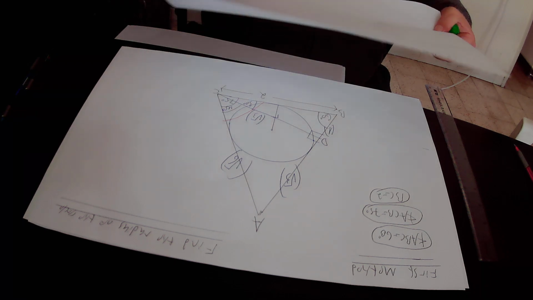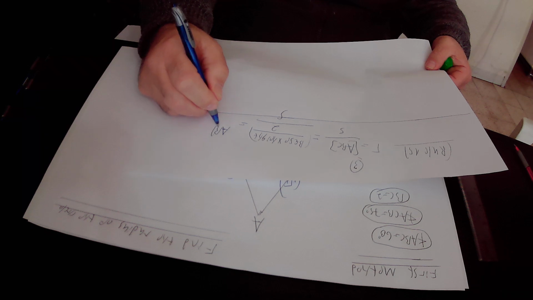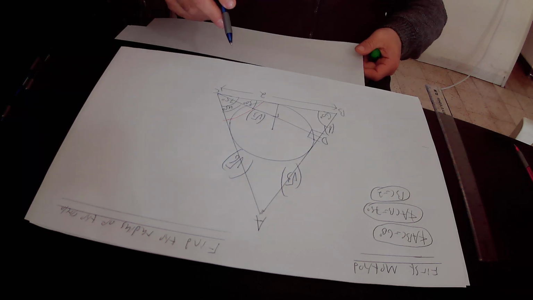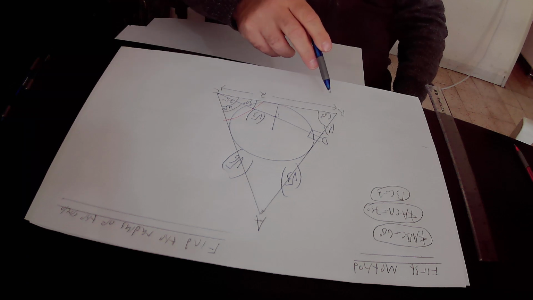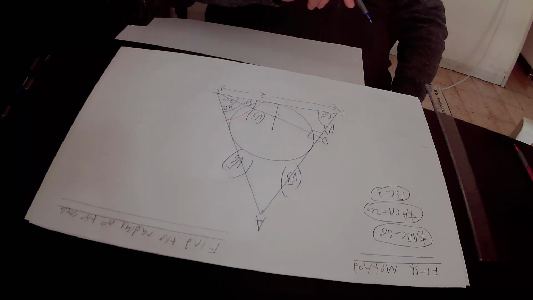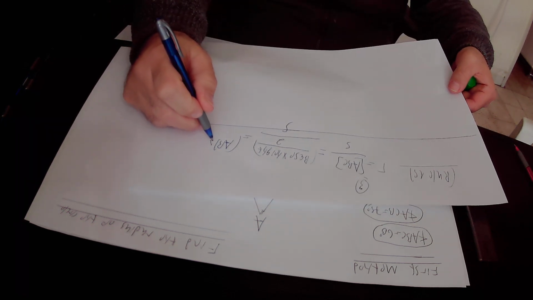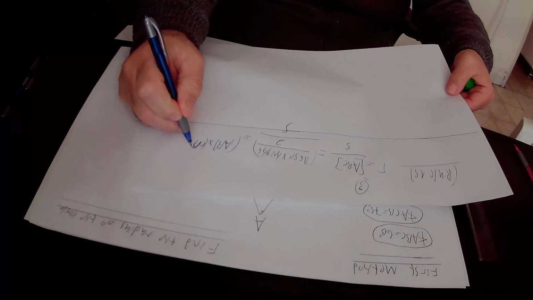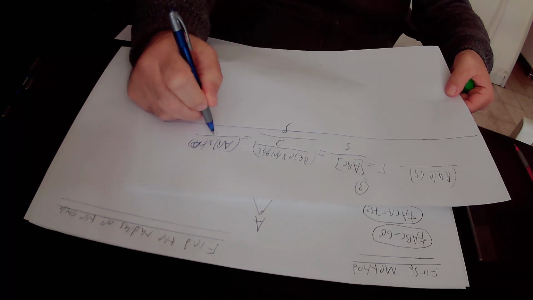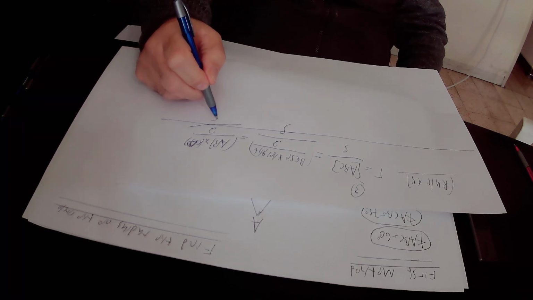So the base is AB. The height to the base must create 90 degrees with the base, so the height is CD, because CD creates 90 degrees with the base AD. So the height is CD, divided by 2. And we have to divide it by S, that is the semi-perimeter of triangle ABC.